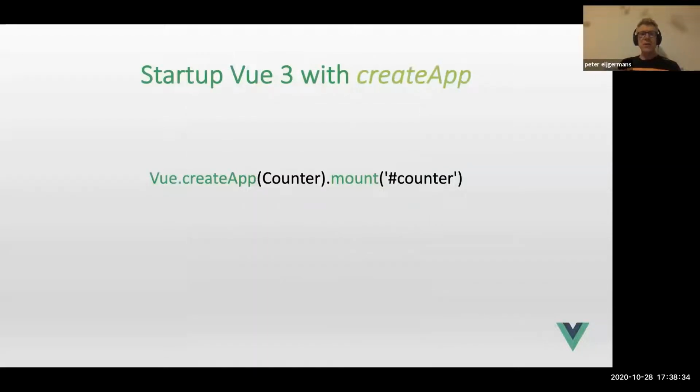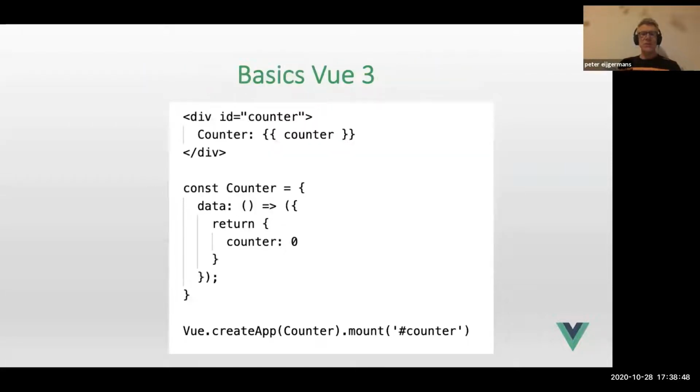In Vue 3, we start our application with Vue.createApp. Within the brackets, the component you want to start and mount. You see an example of how you do this in a very simple way. Upstairs, you see a template with an ID counter.